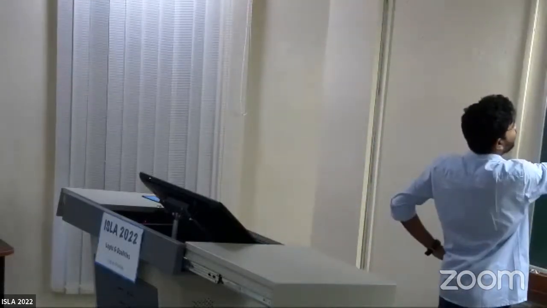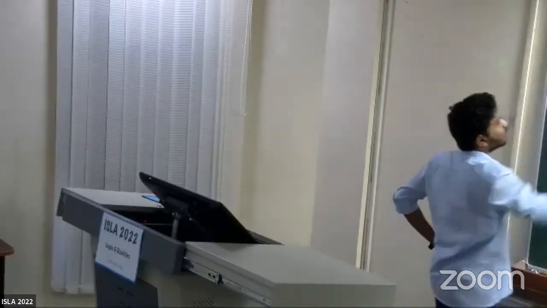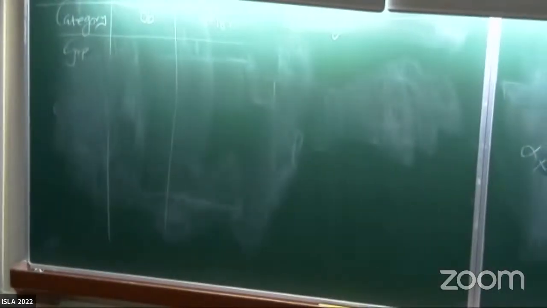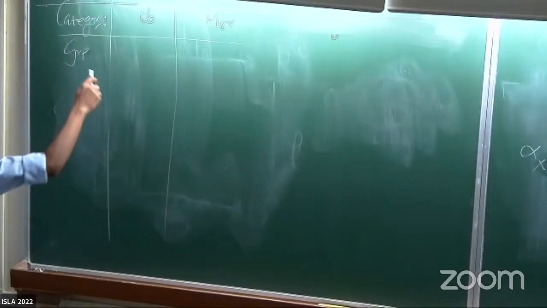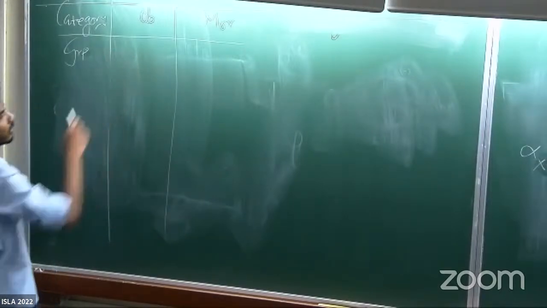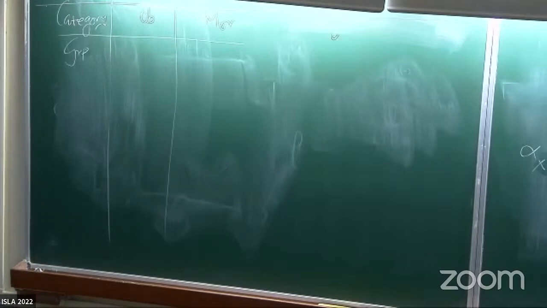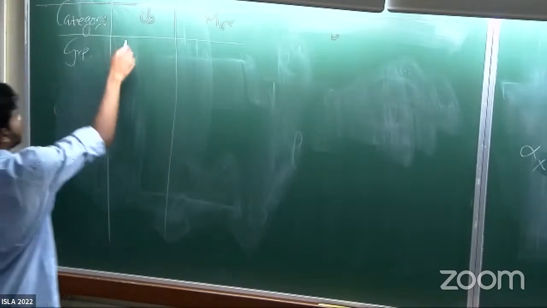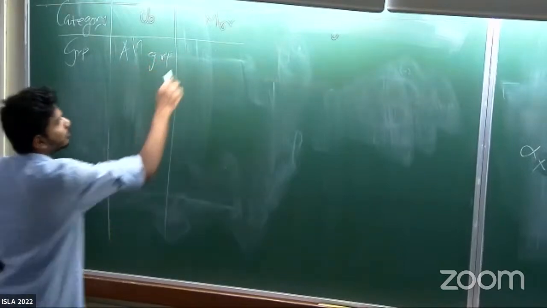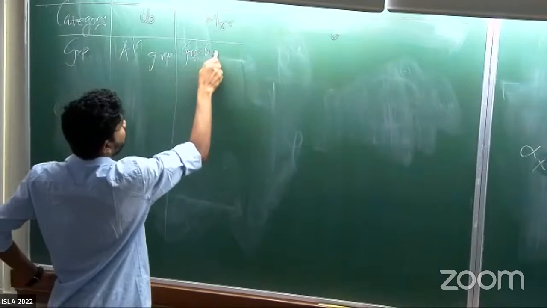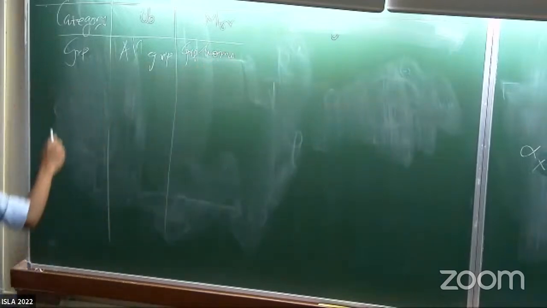Okay, so you have this category of groups here. What do you think the objects should be? We talked about this last time. Morphism. Sorry? Homomorphism. No, what should be the objects in this category? All groups. Okay, all groups, and morphisms as group homomorphisms. Right.